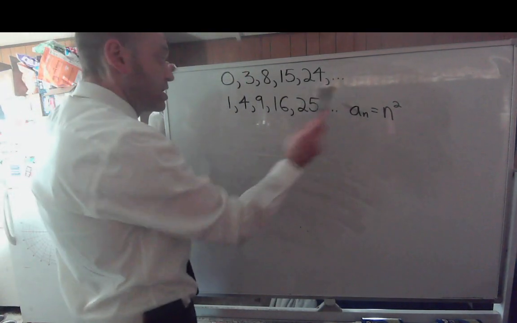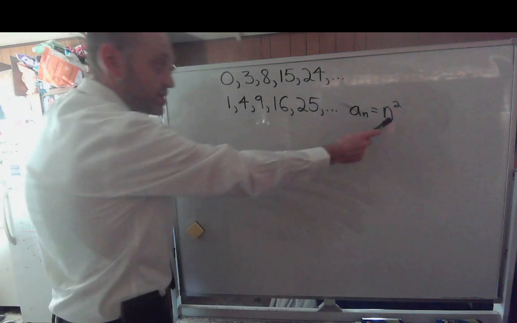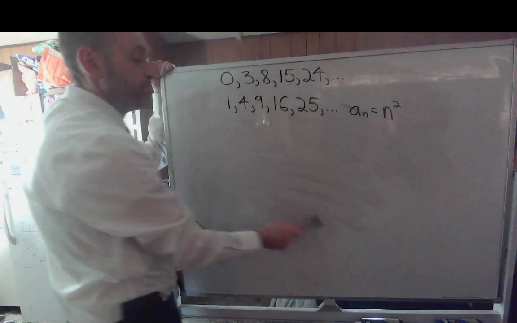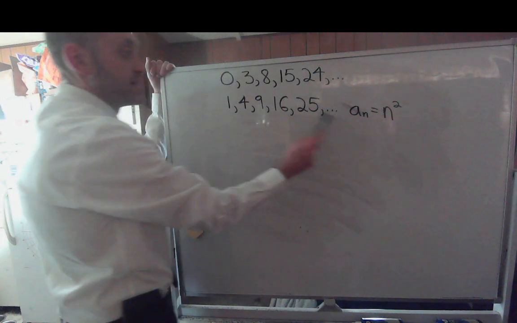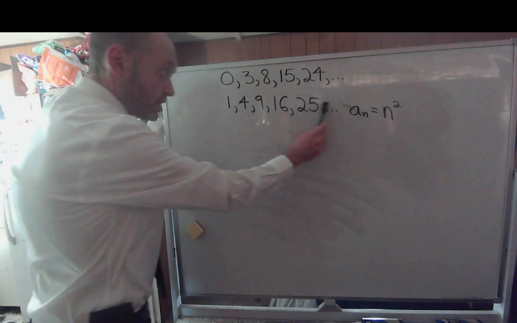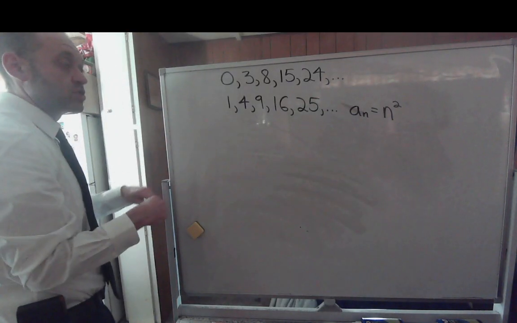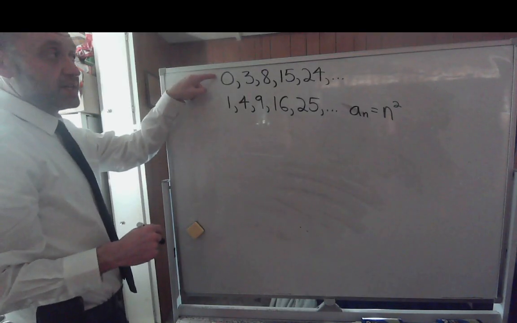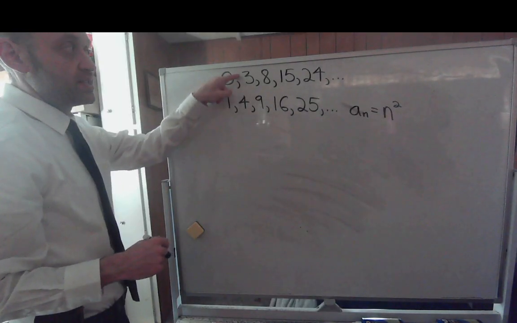So if I take 1 to the second power, my first term, I get 1. I take 2 to the second power, I get 4. I take 3 to that second power, I get 9. I take 4 to that second power, I get 16. I take 5 to that second power, I get 25. So the pattern for this sequence seems to be holding that you take whatever term number it is and square it. Well, what does this tell you about this sequence then? You're literally off by one single digit for this sequence.